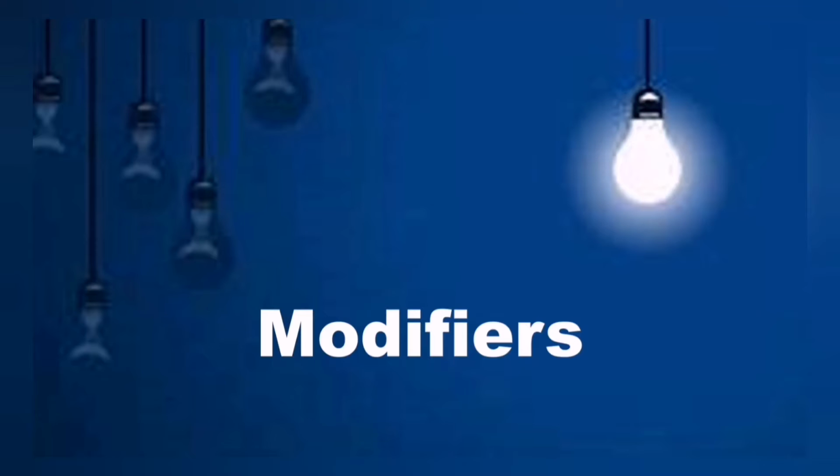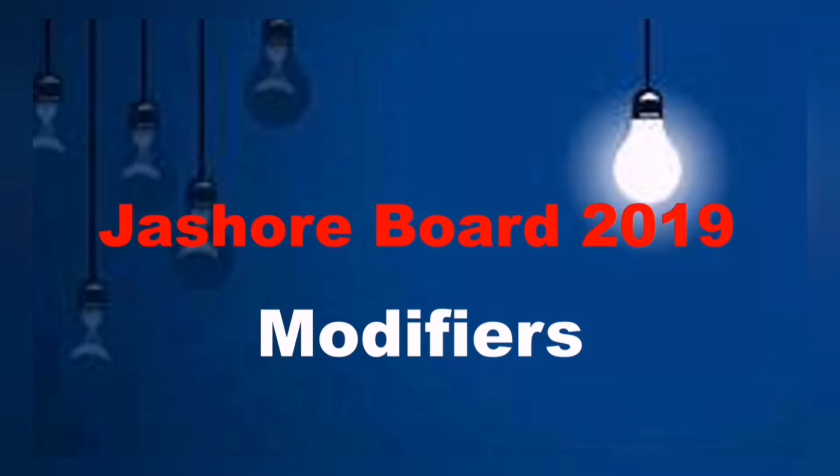Students, from the previous Zoom and video classes, you already know about modifiers elaborately and have even practiced some exercises from board questions. So, let's solve another board question taken from Jessore Board 2019.